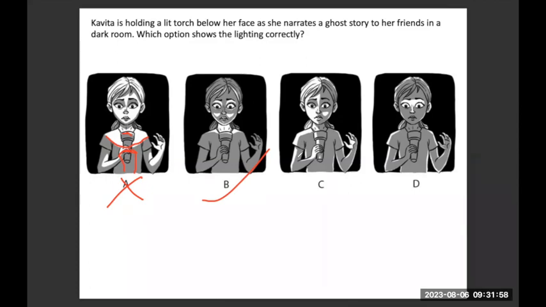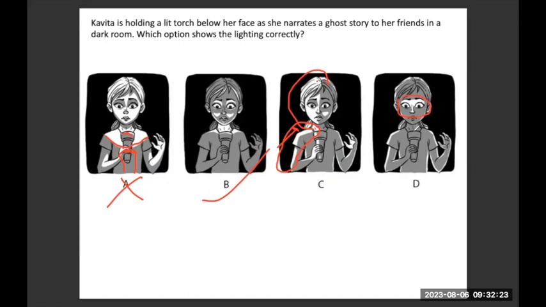In case of C, the lighting is asymmetrical in nature because the hand is lit very differently and the face is also lit very differently. What it says is the torch is kept somewhere in this position, sorry, somewhere on the left side. Versus in case of D, only the eyes are getting lit, which is a slit.